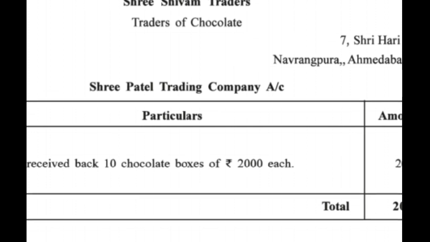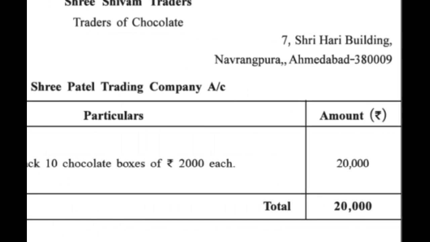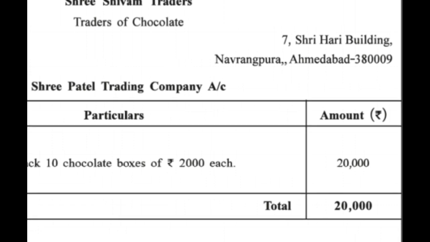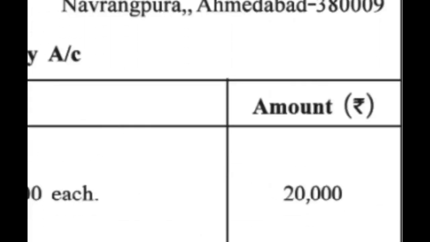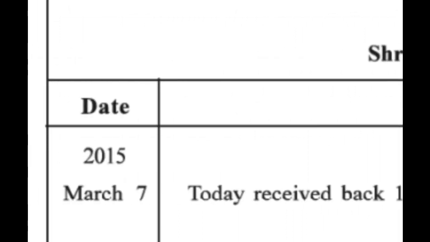The name and address is given: 7 Sri Hari Building, Navrangpura, Ahmedabad. So, Sri Shivam Traders are from Navrangpura, Ahmedabad. This is the detail of the sender, our customer. Then there is the credit note number 223. Then the date is also there, March 7, 2015.